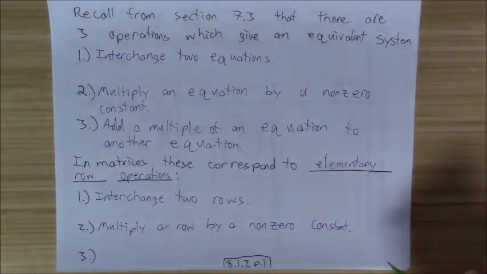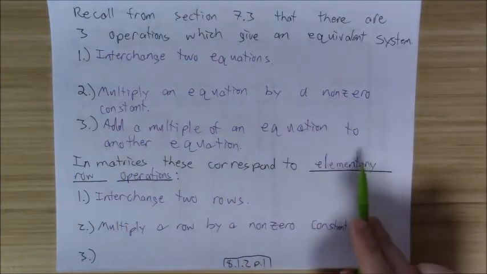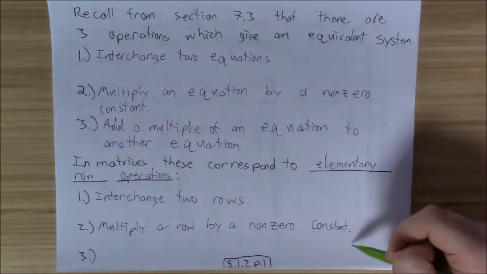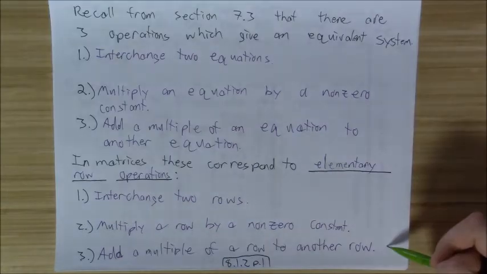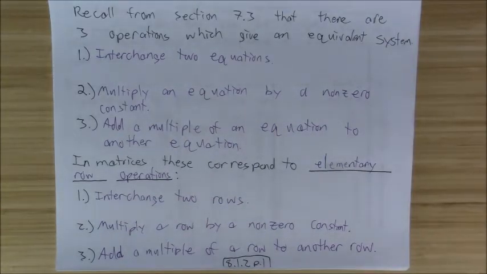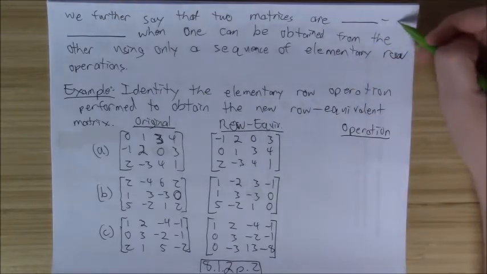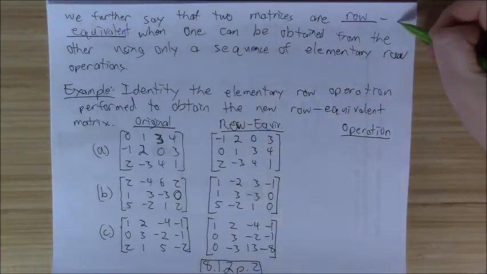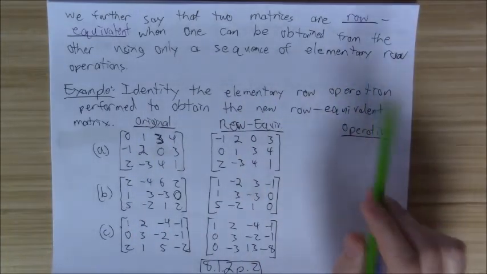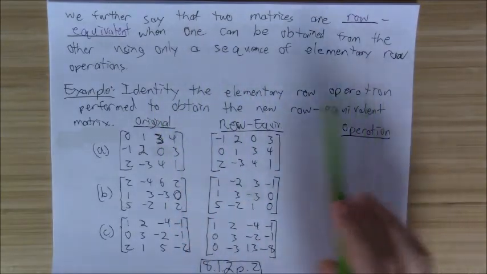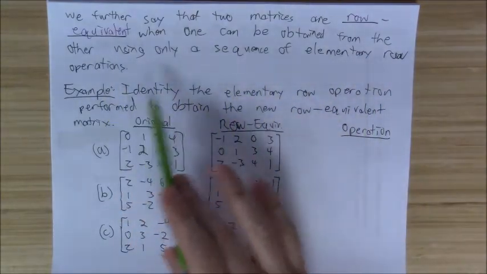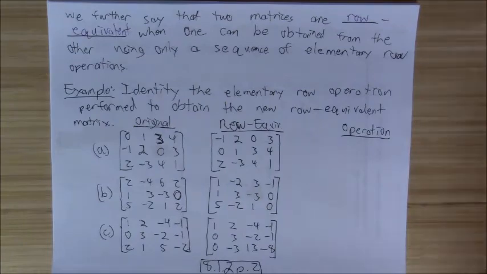And just as we can add a multiple of an equation to another equation, we can also add a multiple of a row to another row. We also say that two matrices are row equivalent when one can be obtained from the other by only using a sequence of those three elementary row operations.